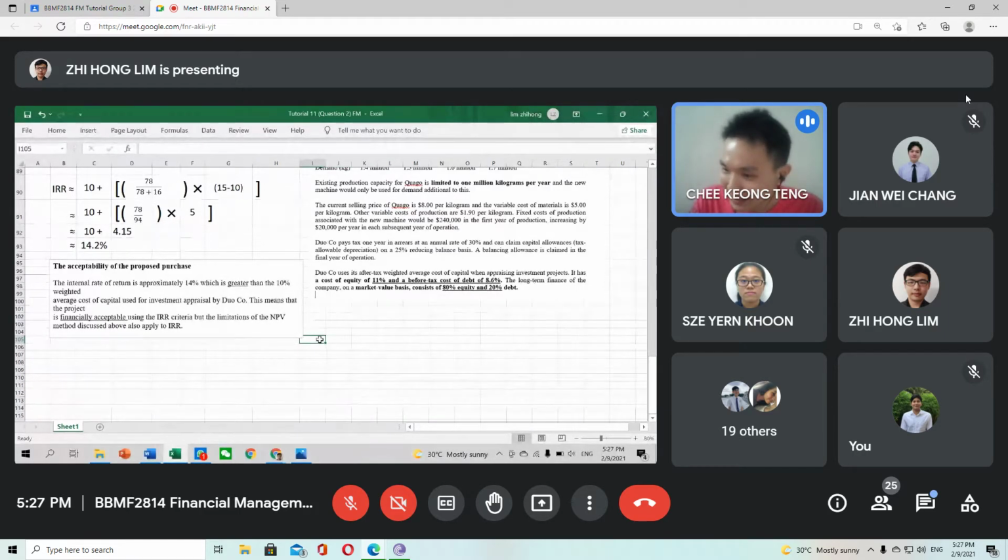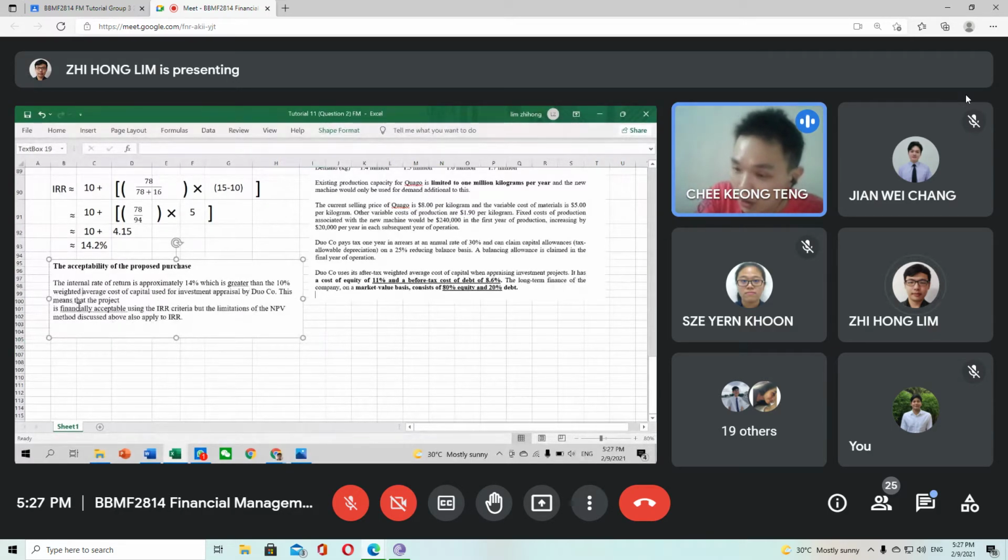Why? Because again, your cost of capital is 10%. IRR is 14.2%. So you ask yourself, at 14.2%, if your cost were 14.2%, your NPV would be 0, no gain, no loss.